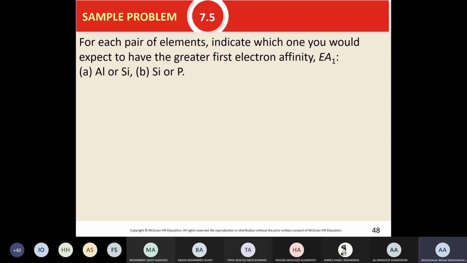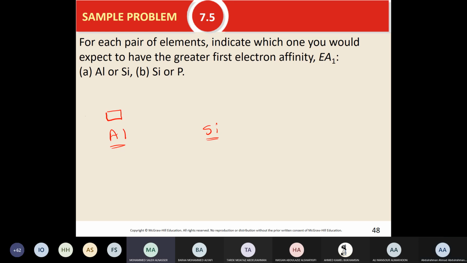Let's compare these two: aluminum or silicon. Go to your periodic table and tell me which one will have higher electron affinity, aluminum or silicon? Tell me what's the last orbital of aluminum.